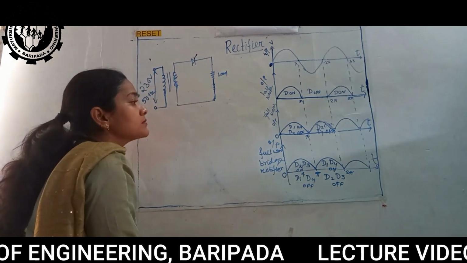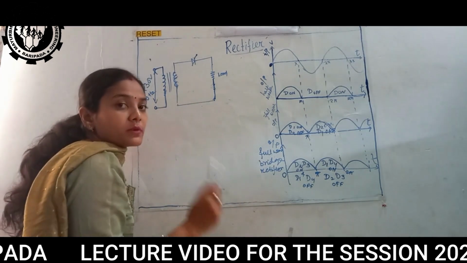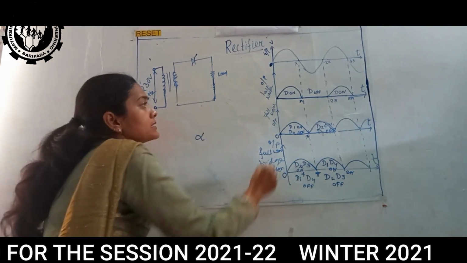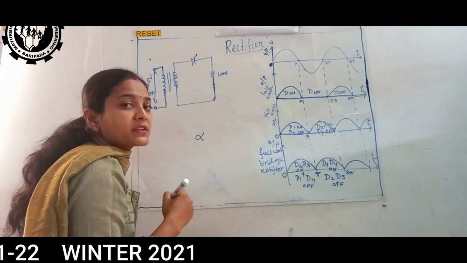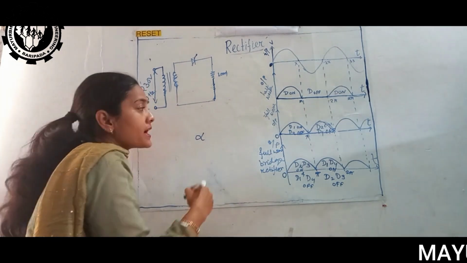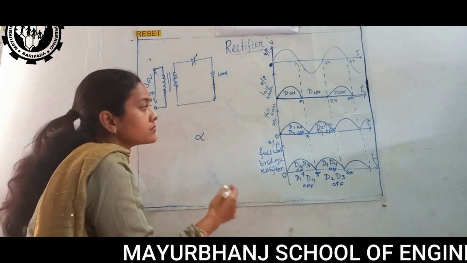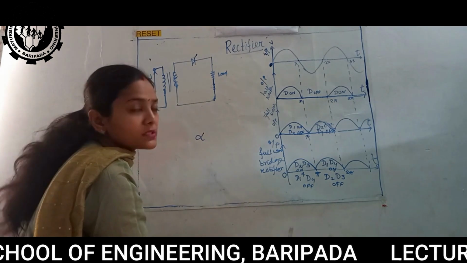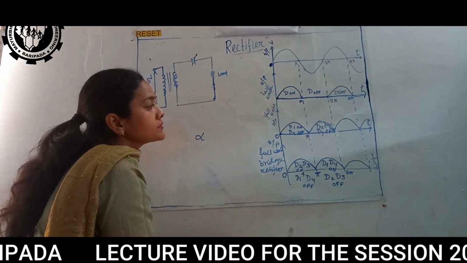It is very simple, because in an SCR we get a triggering pulse, the alpha triggering angle, which we can control as per our need, and we can implement that for our required output. So thank you for this class, and please note down all these things. Thank you so much.